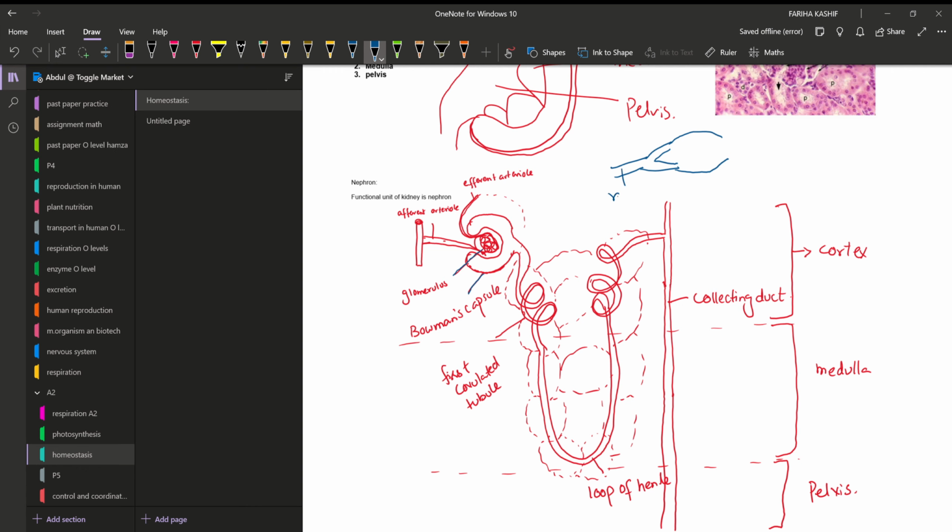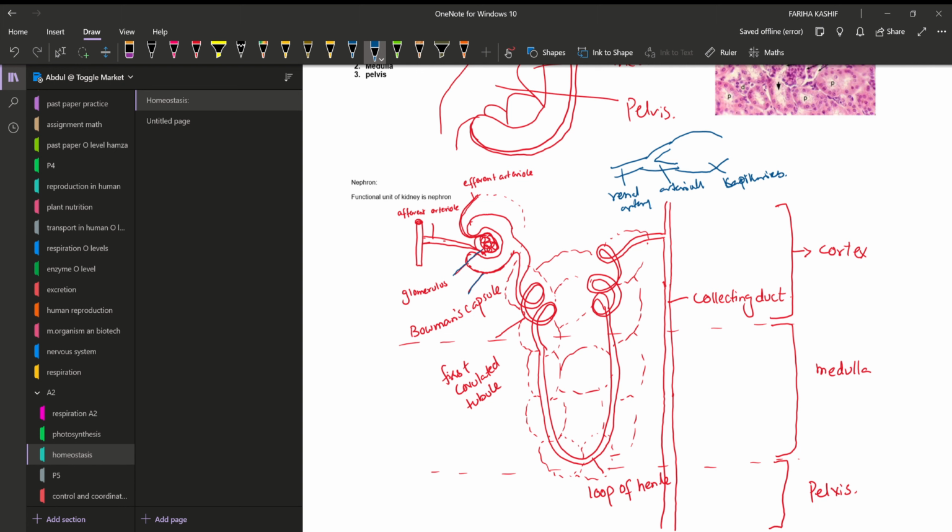If it is the renal artery, the renal artery will break down into arterioles and then arterioles will break down into capillaries. Over here as well, the renal artery will break down into arterioles and then capillaries. Then the efferent arteriole will arise and it will form the network of capillaries around the whole nephron.